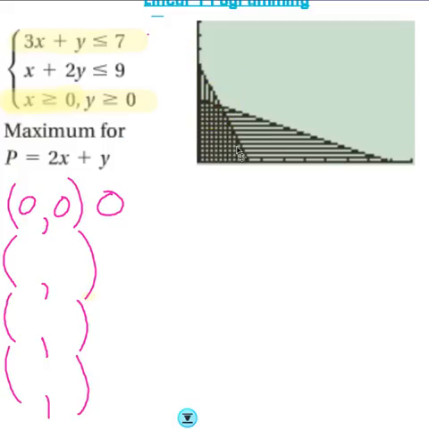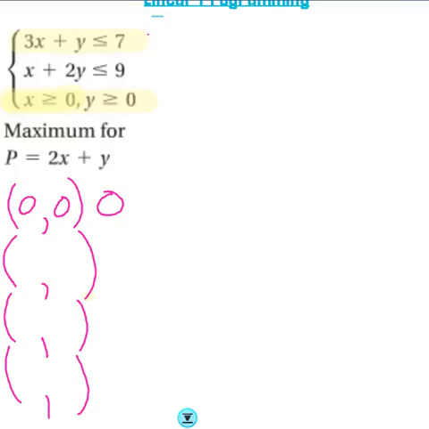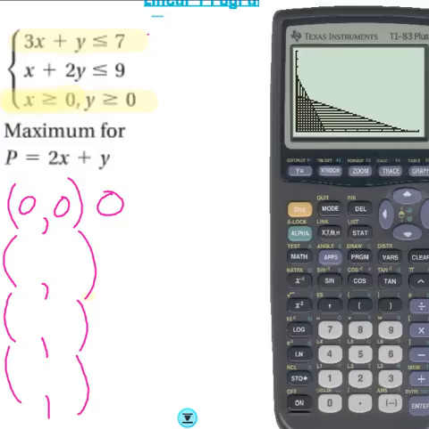On the calculator, the first point I'm going to find is the x-intercept. That's this point here. It really doesn't matter what order I go in.